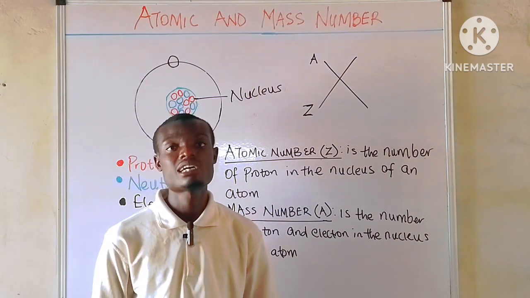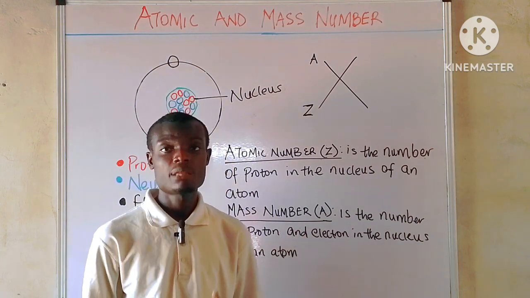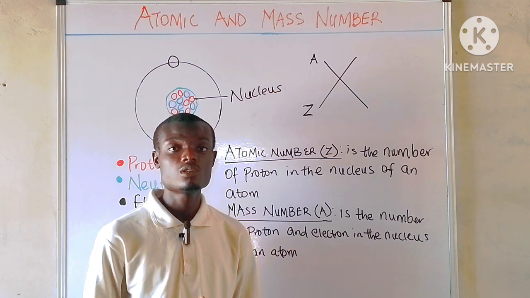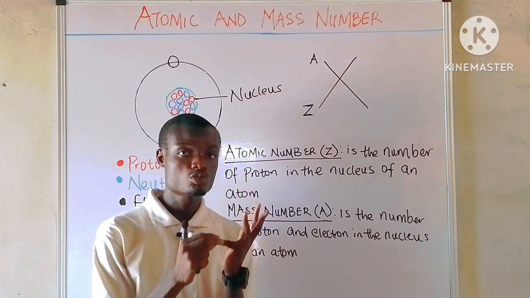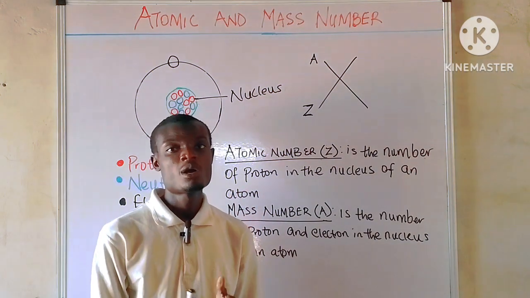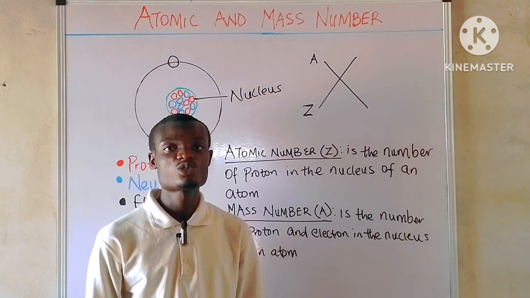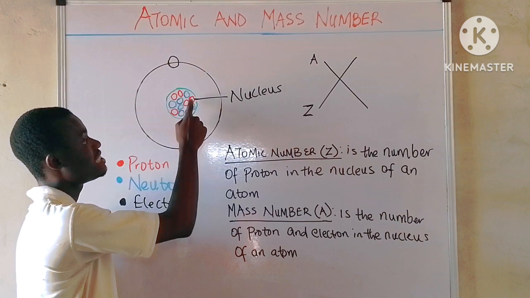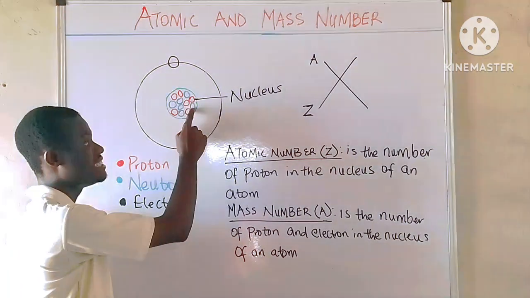So the next thing we'll look at is mass number. And mass number, like I said, is denoted with A. Mass number is the total number of protons and neutrons present in the nucleus of the atom. So remember, within the nucleus, we find the proton and the neutron.